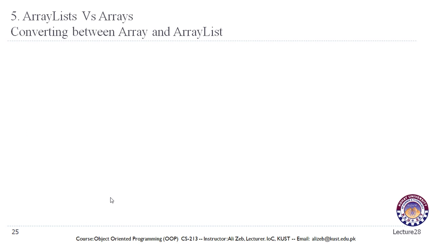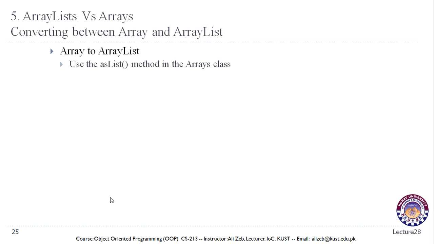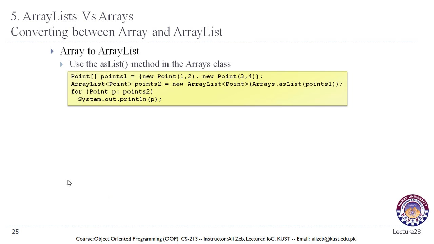Converting between array and array list. If you want to convert an array to array list, use the asList method in the Arrays class. So we have this array with different elements, and we have an array list.